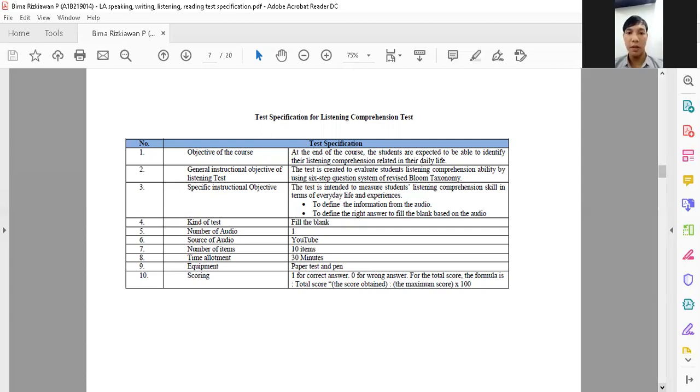Number of items: 10. Time allotment is 30 minutes. Equipment: paper, test, and pen. Scoring: 1 for a correct answer, 0 for a wrong answer. For the total score, the formula is the score obtained divided by the maximum score times 100.